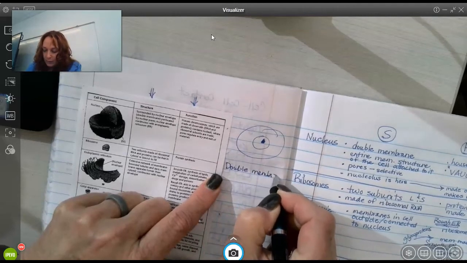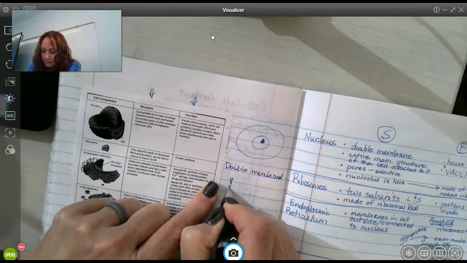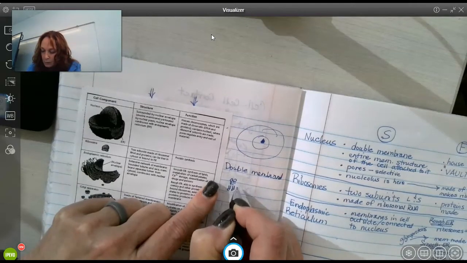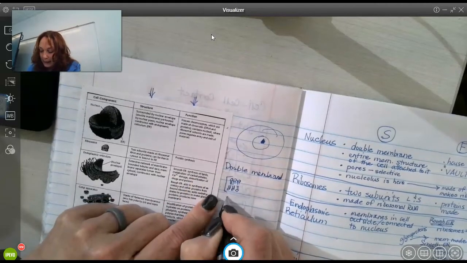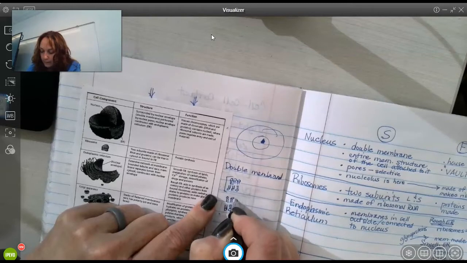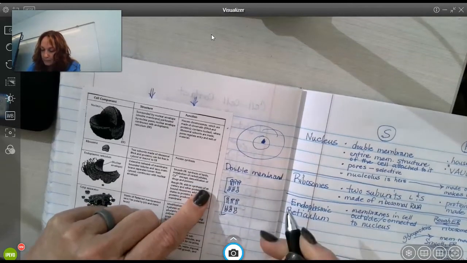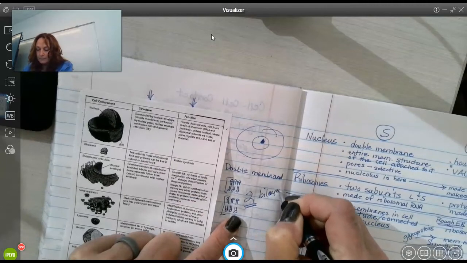So double membraned means you're going to have a bilayer, like right there, that's one, and another one also. So it's two bilayers.